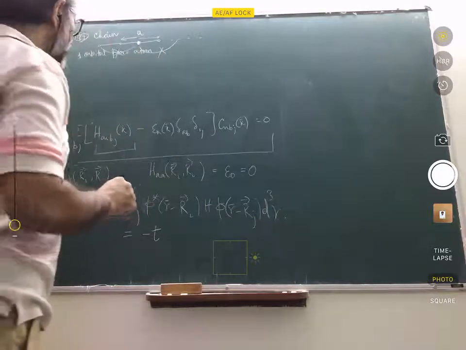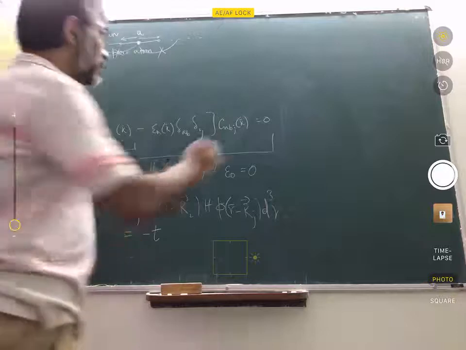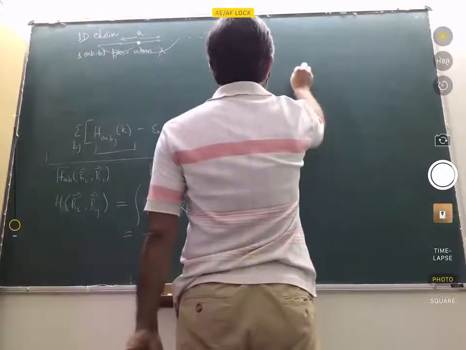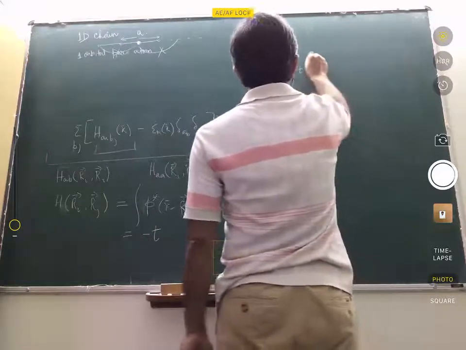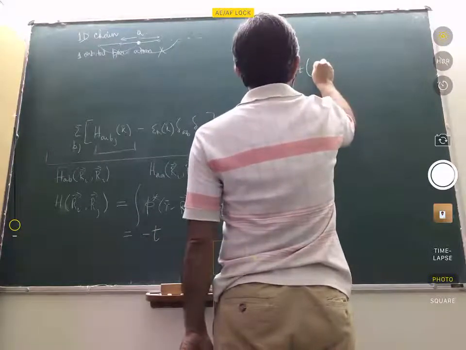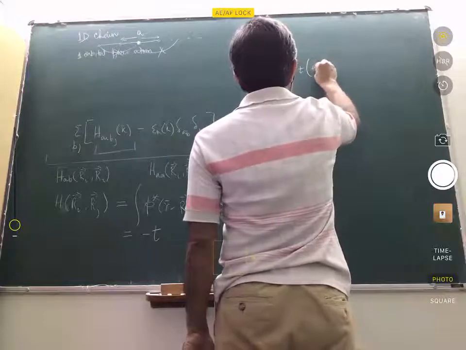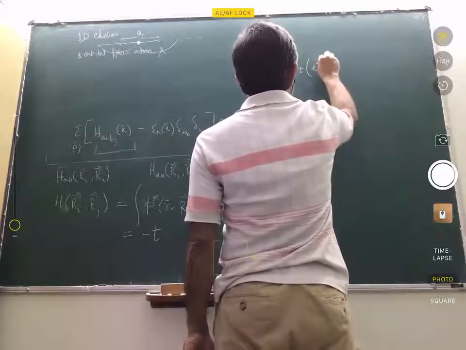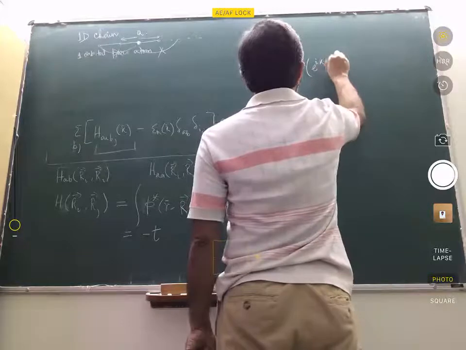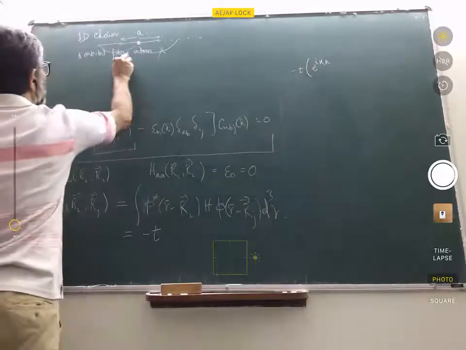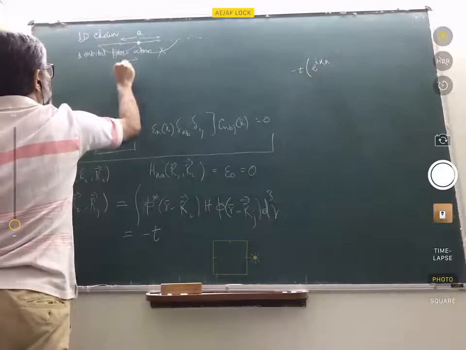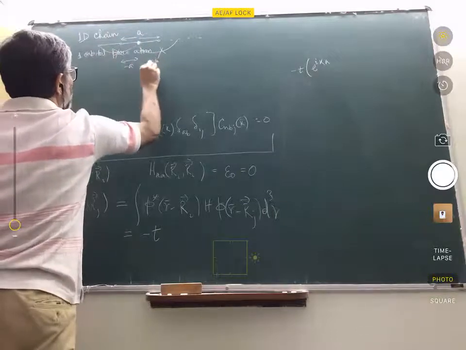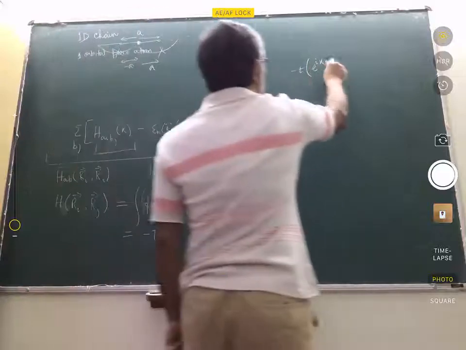So in those two cases, and this integral has been written as minus t, I'll pick up two terms, minus t. Then one of those terms will give me e to the i k a, where a is the nearest neighbor distance. So basically this vector from here to here is minus a, and here to here is plus a. So I'll have these two terms.